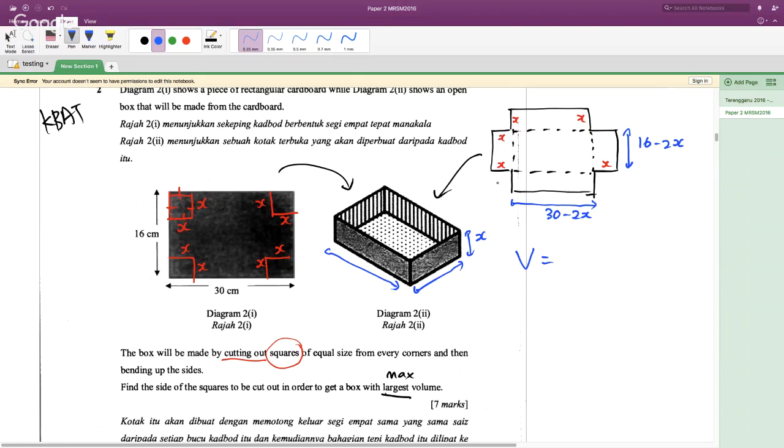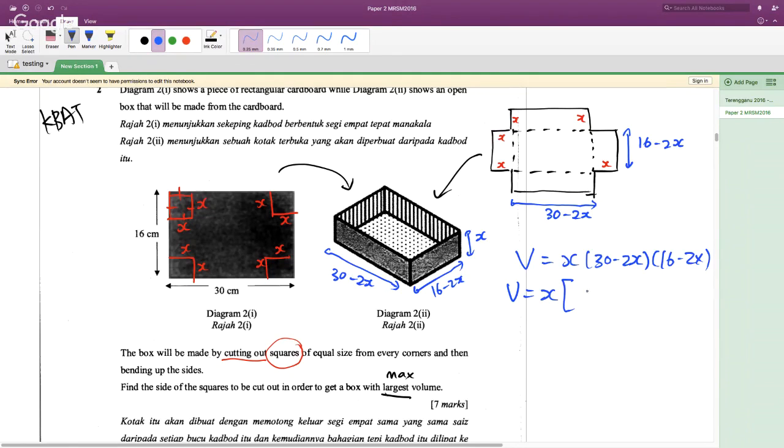So in order to find the volume, I will say here will be 16 minus 2x, and this one will be 30 minus 2x. So the volume is basically equal to x times (30 minus 2x) times (16 minus 2x). Then you just expand this equation.